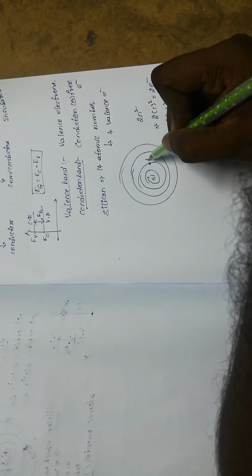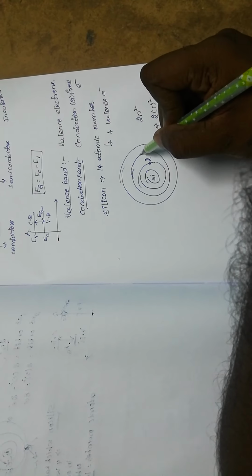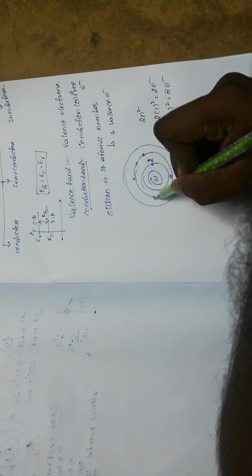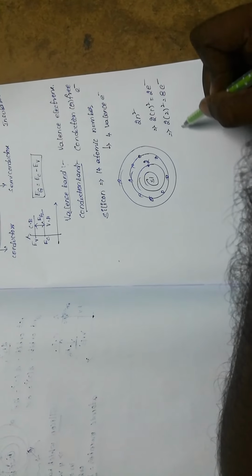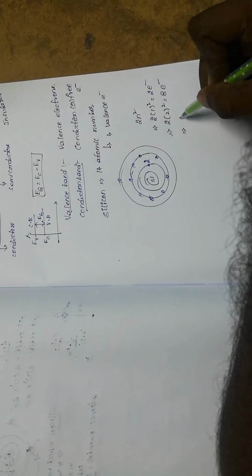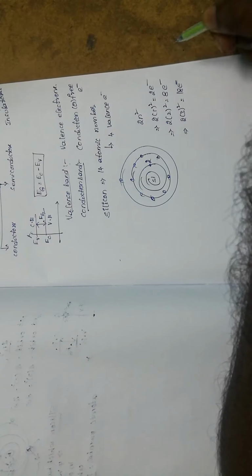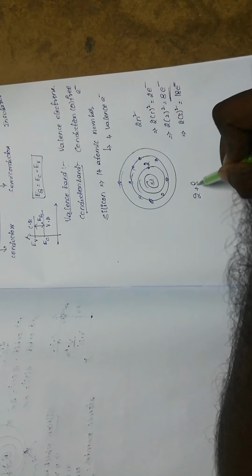So the first orbit has 2 electrons, and the second orbit has 8 electrons. Similarly the third orbit: actually it can occupy 18 electrons, but as the atomic number is 14, it is only 2 plus 8 plus 4.